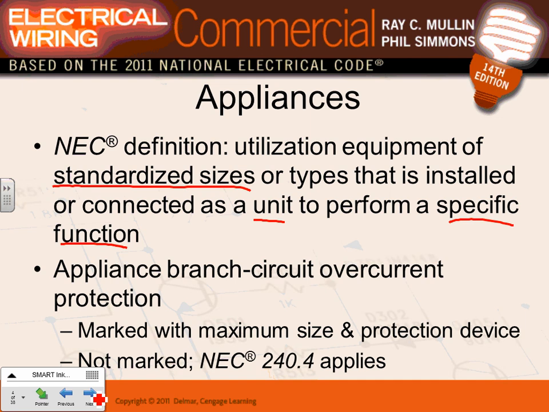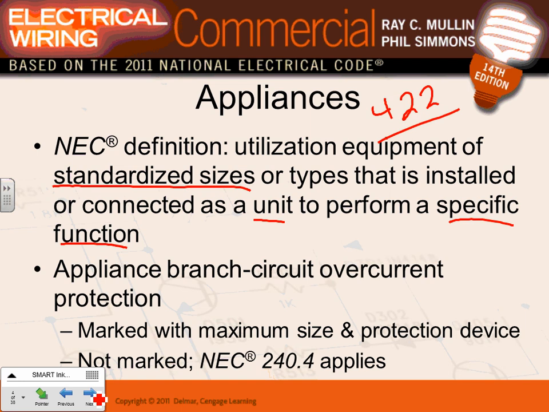That would be all the cooking machines, washing machines, garbage disposals, garage door openers. All these things are manufactured in standardized shapes, bought and sold, and installed to the electrical system. The article that talks about these is Article 422, if you guys remember that, and we have a couple of rules we'll go over.